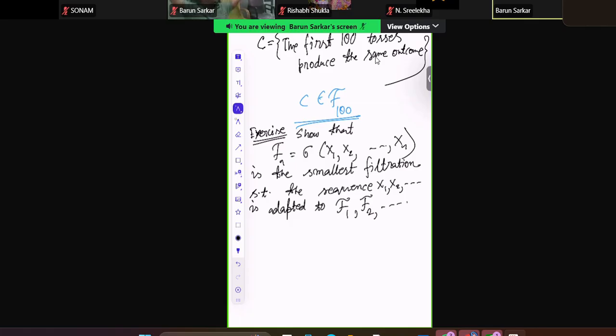Now it is saying that this is some sort of smallest filtration, because Fn is the sigma algebra generated by x1, x2, ..., xn.